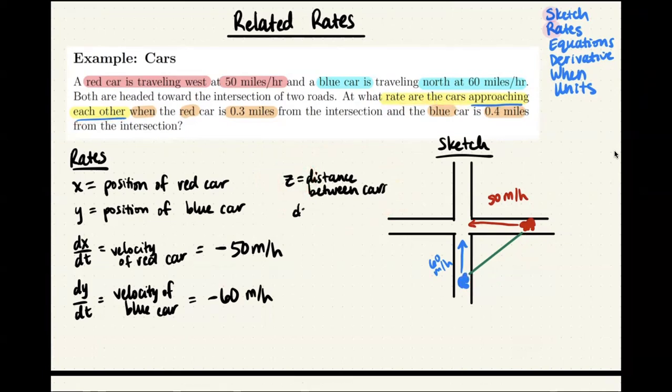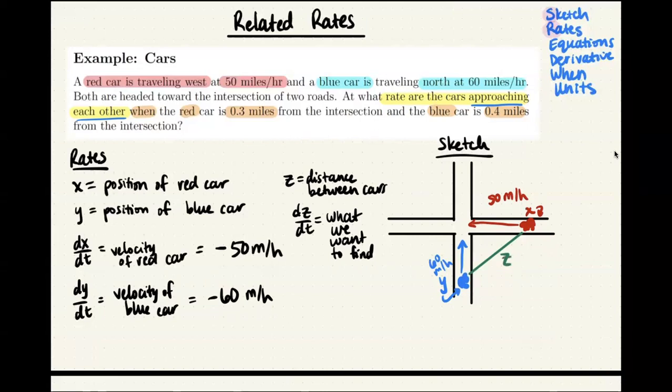So here, dz dt is what we want to find. Okay. So maybe I'll say this is X, this is Y. So this little car here is X, this little car's position here is Y, and this distance here is Z.